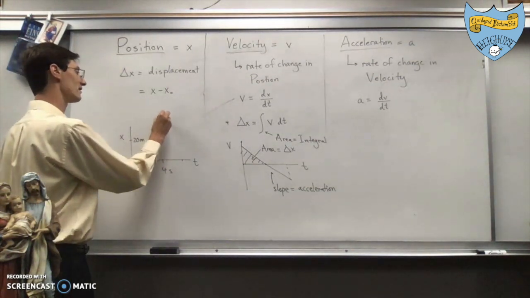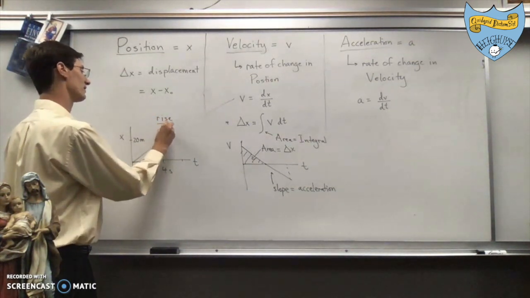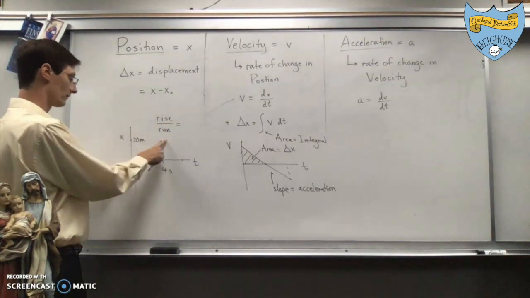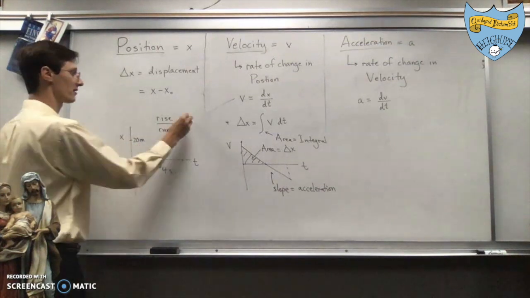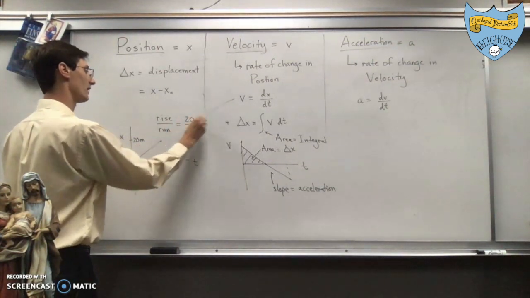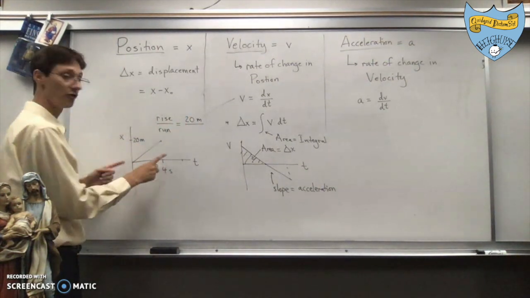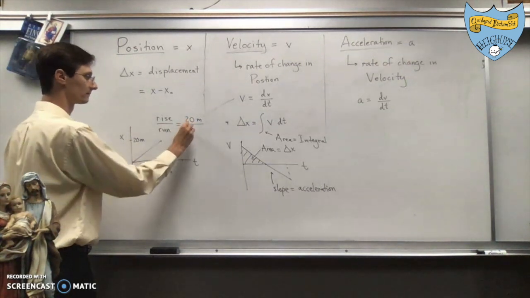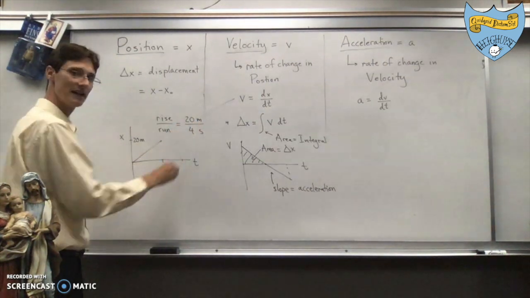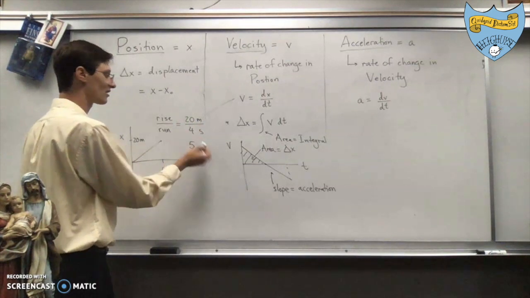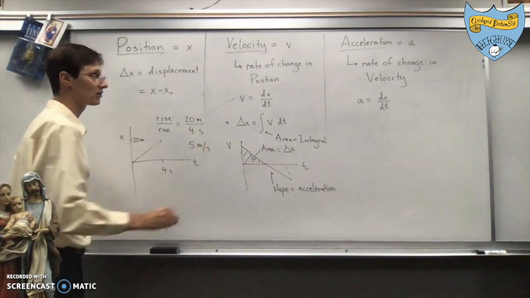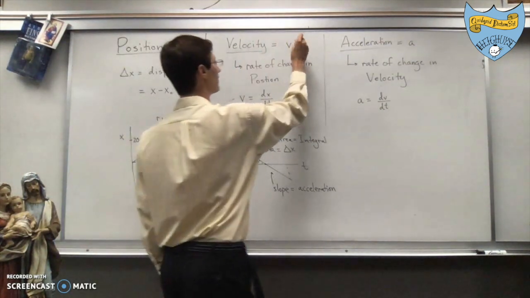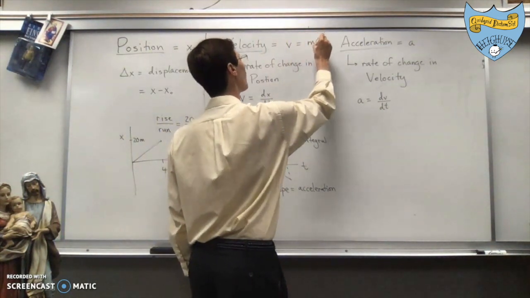Slope being rise over run, I would say the rise is 20 meters. Not just 20, but 20 meters. And the run is 4 seconds over this interval. Divide that out, that would be 5, but not just 5, it would be 5 meters per second, which you should recall are the units of velocity.